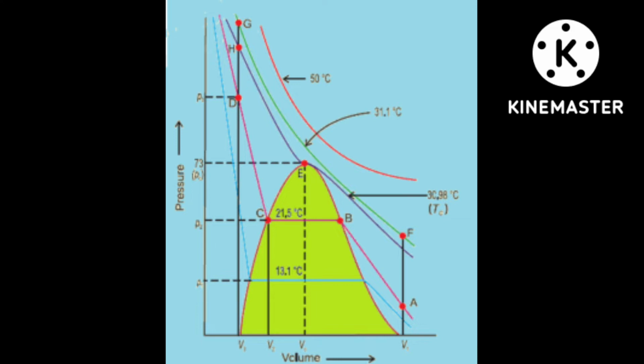Then what should the temperature be? One temperature is fixed. He observed that the temperature is 30.98 degrees centigrade. In the beginning, temperature was high and pressure was also high.